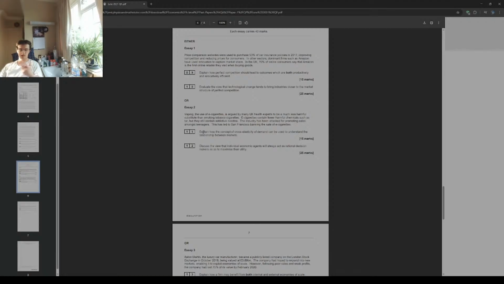This is shown in the essay, the extract in which e-cigarettes contain fewer harmful chemicals such as tar but still contain addictive nicotine.